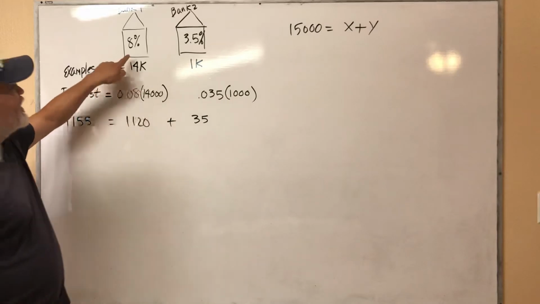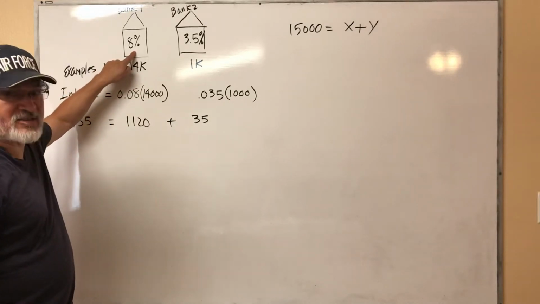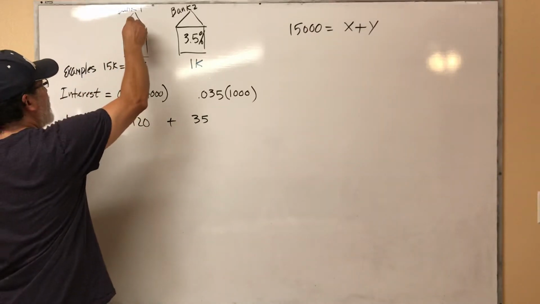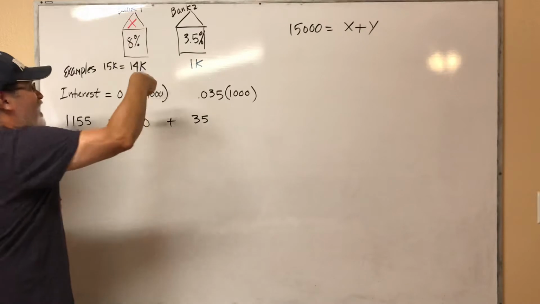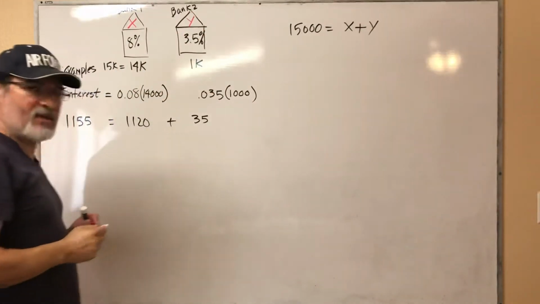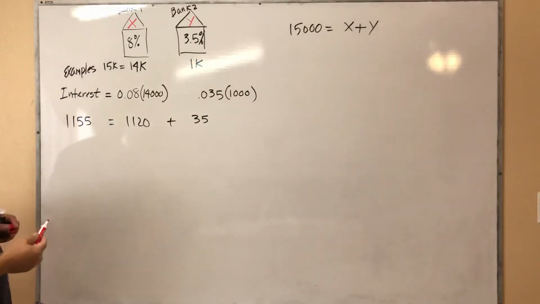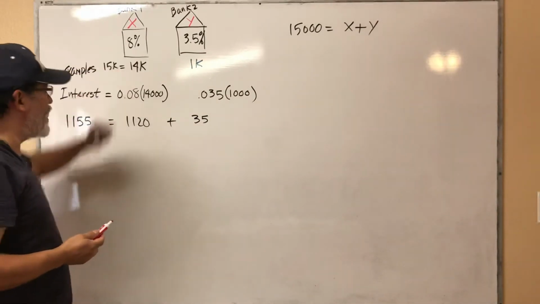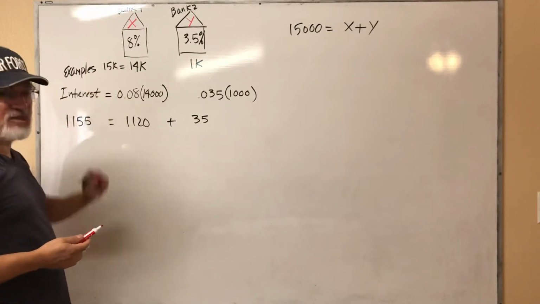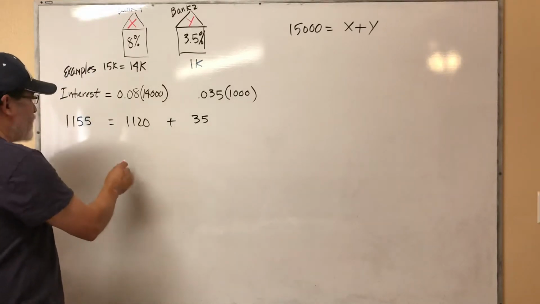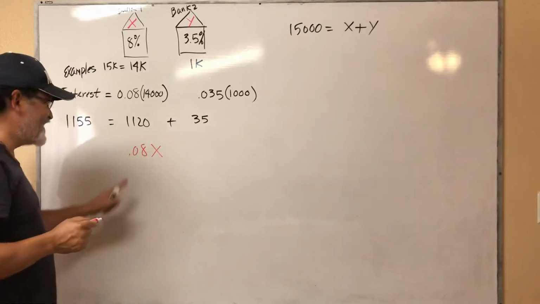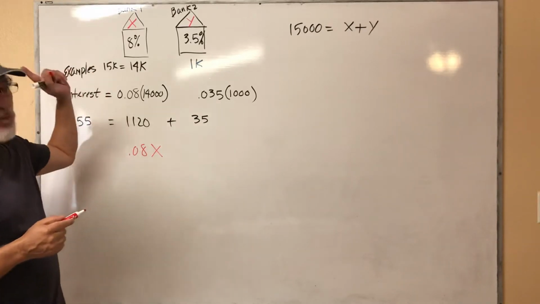But at least we know how to find the interest. And we know that X amount was invested here. How much was invested in Bank 1? X. How much was invested in Bank 2? Y. Okay. How do you find the interest earned from Bank 1? Well, just multiply 0.08 times the amount invested. So therefore, 0.08 times X. This is the interest from Bank 1.